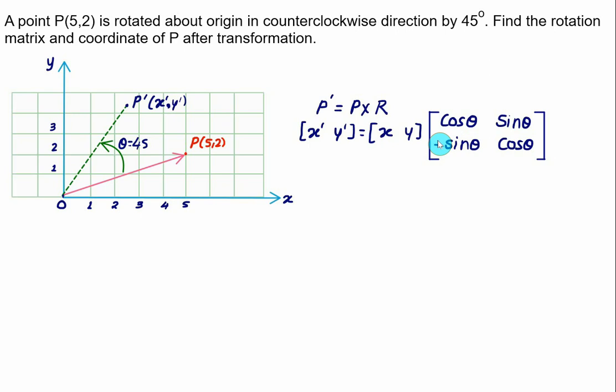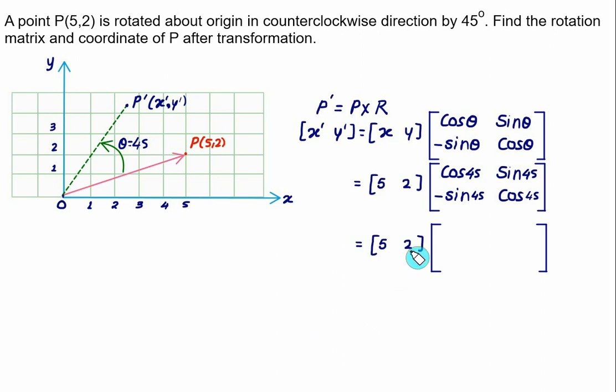Cos of 45 is 0.707, as well as sin of 45 is also 0.707. So coordinate x is equal to 5 and coordinate y is equal to 2. All theta values you have to replace by 45. So we have cos of 45, sin of 45, minus sin of 45 and cos of 45.